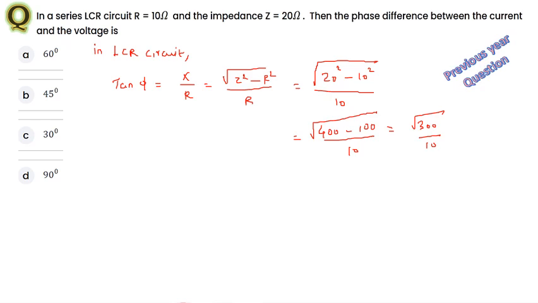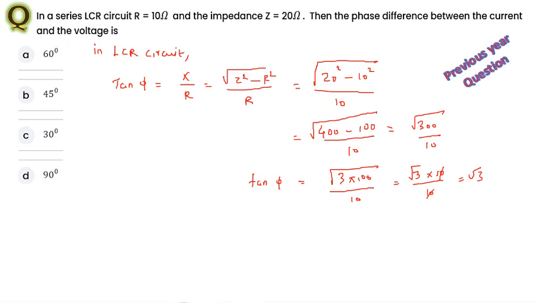So this is tan phi, right? Tan phi is equal to, you can mention like, square root of 3 into 100, whole divided by 10. So this here is root 3 into 10 divided by 10. So 10 will be cancelled. So what you are having here is root 3.